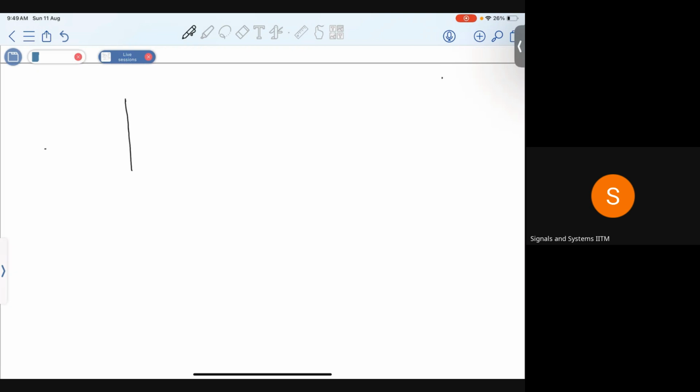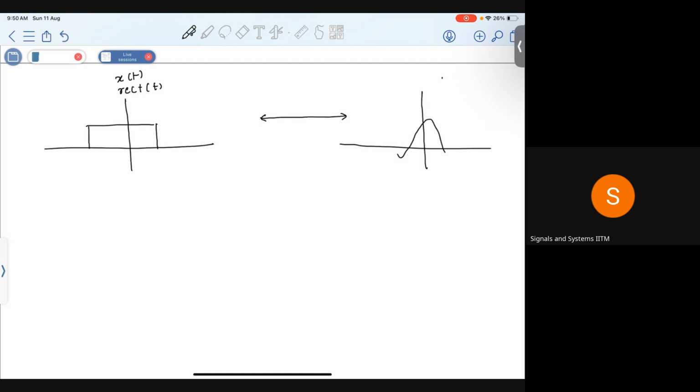So if I take a rectangular function, let me call this x of t. Its Fourier representation is the sinc function.